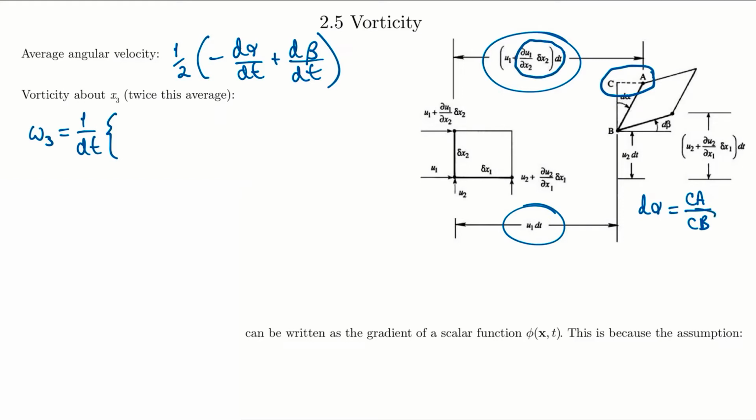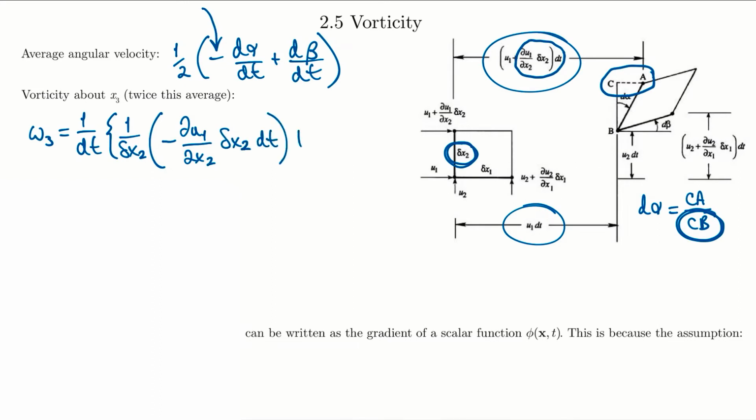We divide by CB, which is defined in the figure right here. So let's divide by that CB first, and then write out that expression from above, but it's negative now. So it's negative du1 by dx2 times delta x2, with our dt there, plus, and then the beta is the exact same thing, so it's 1 over the delta x1, but it's positive.